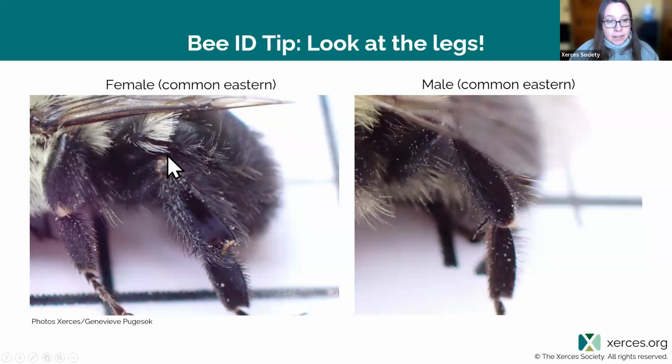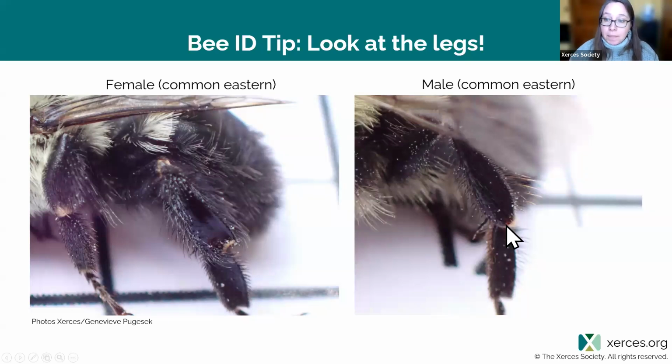If you look at the hind leg of the bumblebee in that middle segment, what you're looking for is a triangular shaped segment that is bald in the middle with hairs all around the edges. And that's going to be the area of the bumblebee that they're going to be packing their pollen.